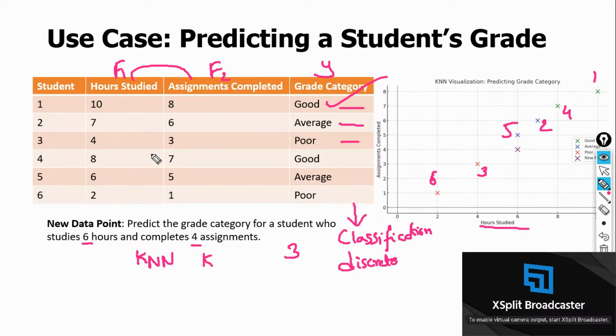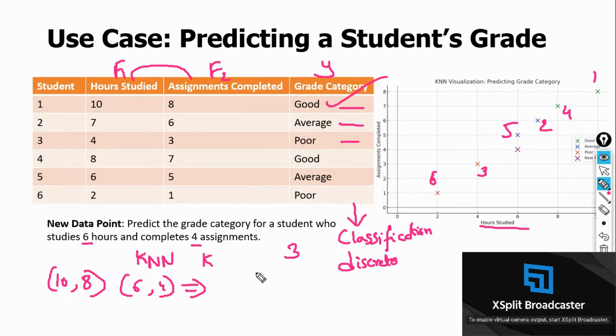So 6 comma 4 with 10 comma 8. Calculate the distance and tell me. The first student is 10 comma 8 and the new student is 6 comma 4. So x1 y1, x2 y2. It will be 10 minus 6, 4. 4 square is 16, plus again 8 minus 4, it is 4 again, 4 square 16.